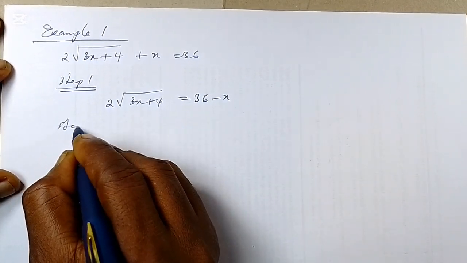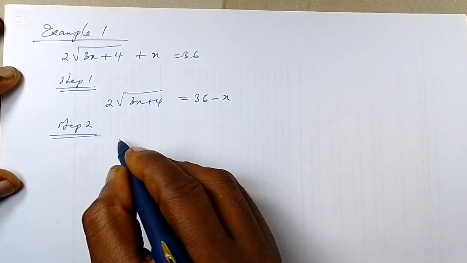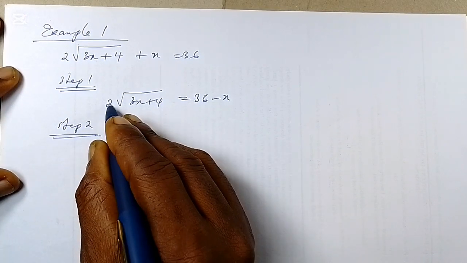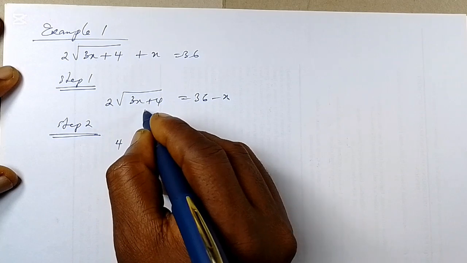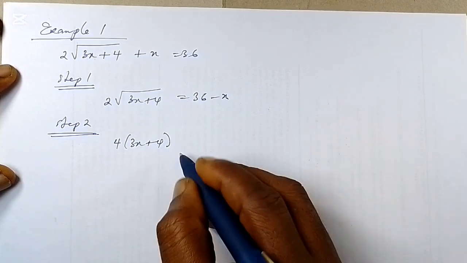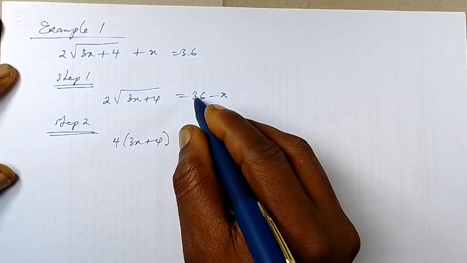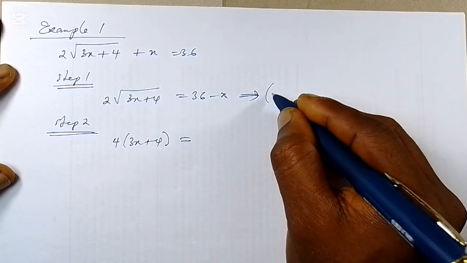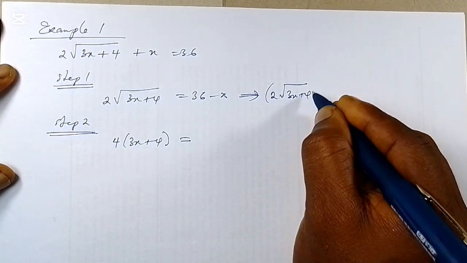The next step, step 2, will be to square both sides. The square of 2 is 4, and the square of root 3x plus 4 gives 3x plus 4. On this other side, what I'm actually doing is squaring 36 minus x, so that you don't get confused.